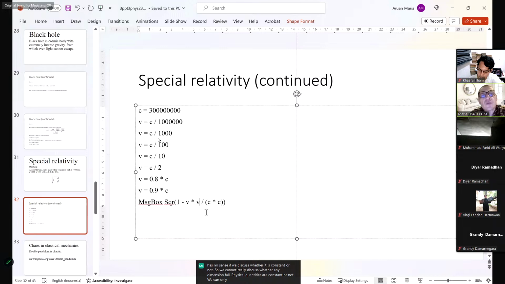We can only discuss whether dimensionless physical quantities are constant or not. Many people with PhDs think that they can discuss change of the speed of light, but the truth is that you just cannot discuss this question. It makes no sense. So I'm not surprised if you took it from the internet and those people didn't analyze that issue very deeply. I hope it answers your question a little bit.